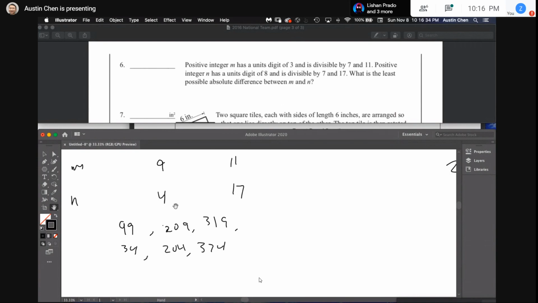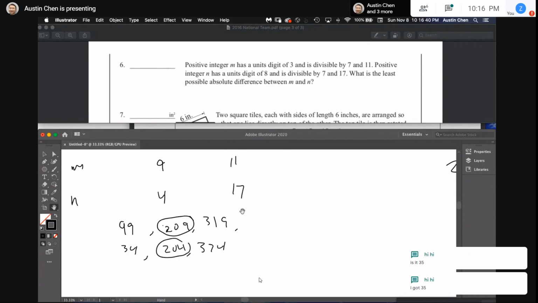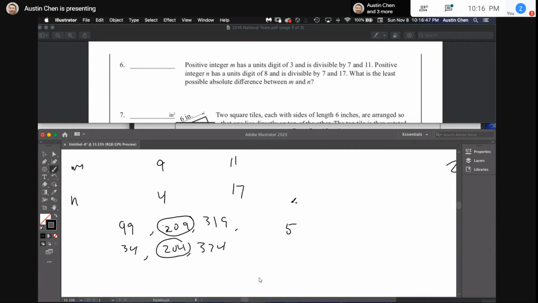Now, one thing we can notice is we have 209 and 204, right? And these are very close. These only differ by 5, right? And if you think about it, our units digits are 9 and 4, so the smallest possible absolute difference between these two numbers has to be 5, because the units digits are already 5 apart.